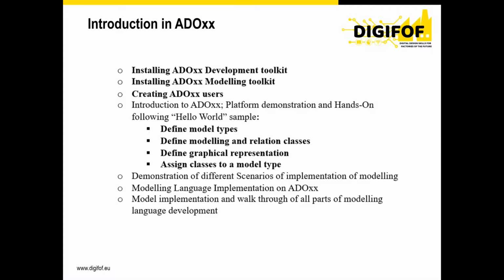We can talk a little more about different scenarios that can be implemented in modeling languages regarding the smart city, or anything else that maybe we can use to implement or to simulate.